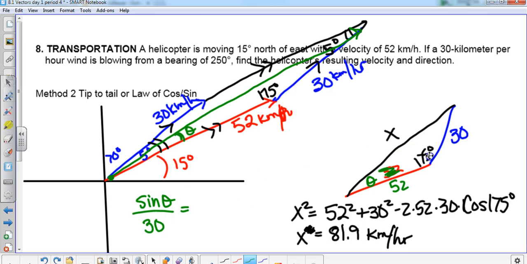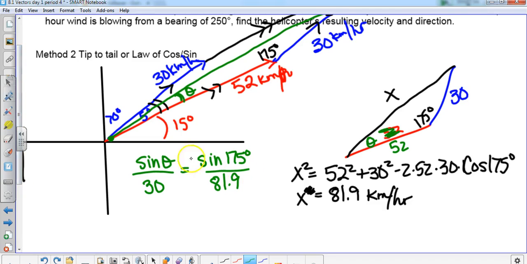In the same way, the sine of 175 is across from a side that's x, which we just found was 81.9. All right, cross multiply, divide, we get the sine of theta is 0.0319. Anybody get that?